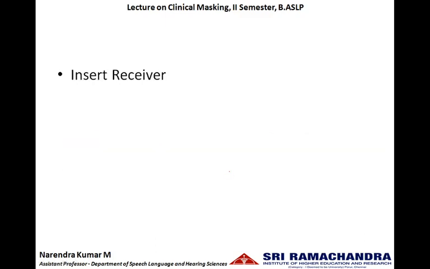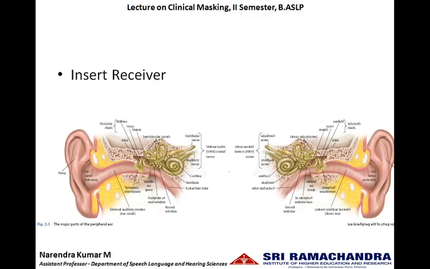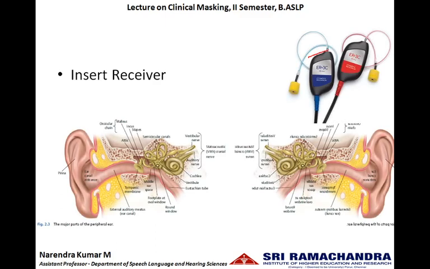Let us see what happens with respect to the insert receivers. In an insert receiver, the vibratory part is encased in a small box that is placed away from the head. This is the transducer part. The sound produced from this transducer is routed via the tubing and is delivered into the ear canal through the foam tip.